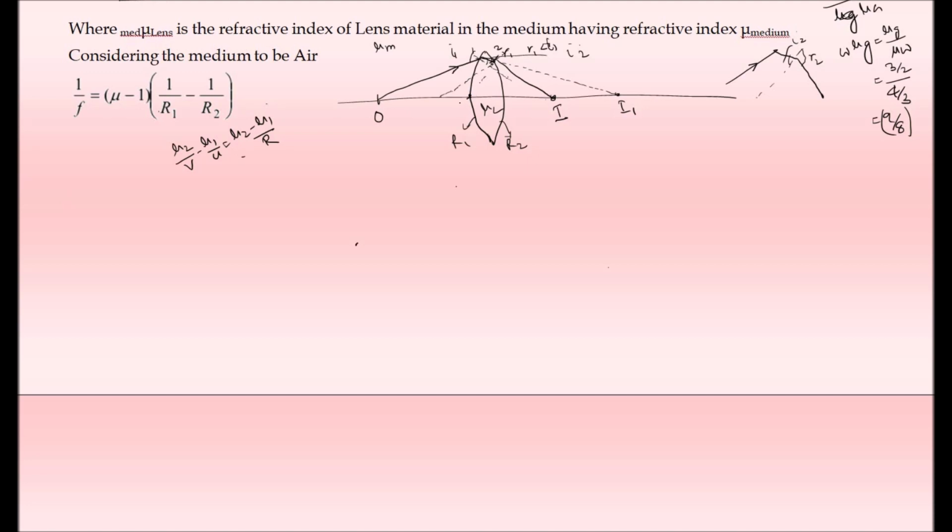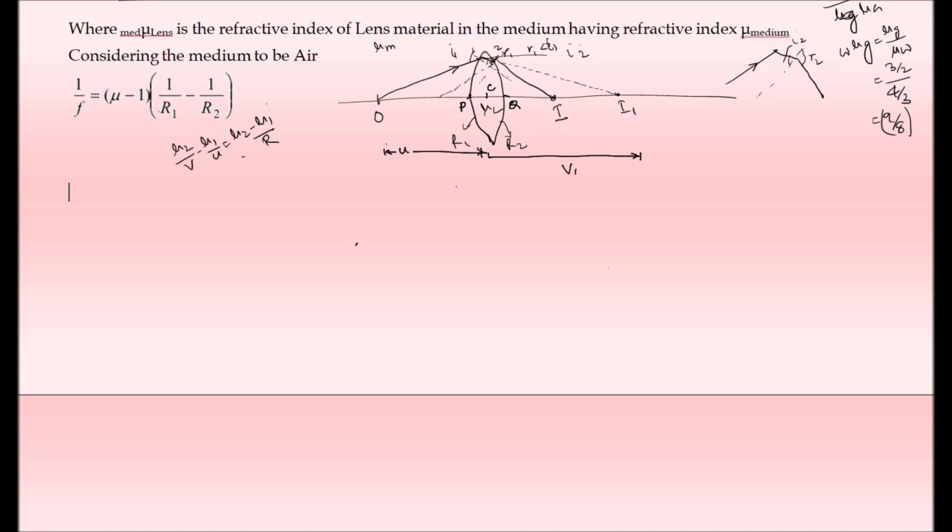Consider this point as P, this point as Q, and the optical center of this is C. So this is our object distance, basically the object distance for this first surface, and the image distance PI1 is V1.